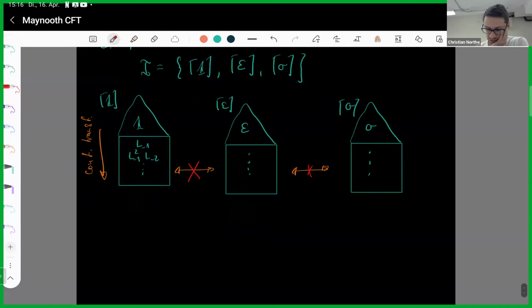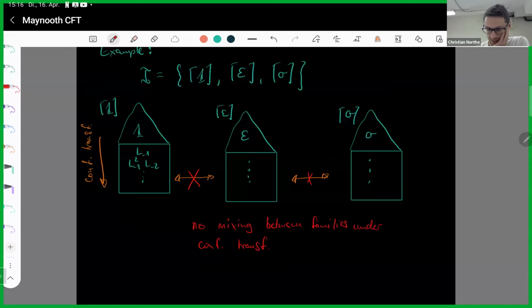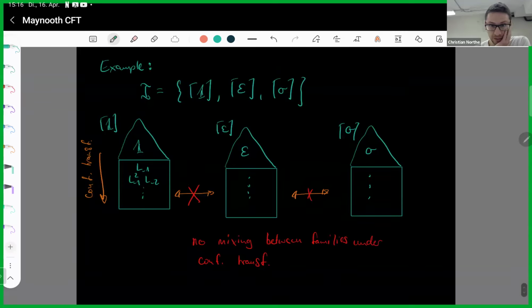Okay, so let's say no mixing between families under conformal transformations. Okay, I hope that makes sense. If not, as always, you can interrupt.